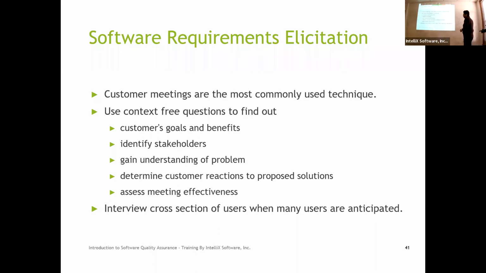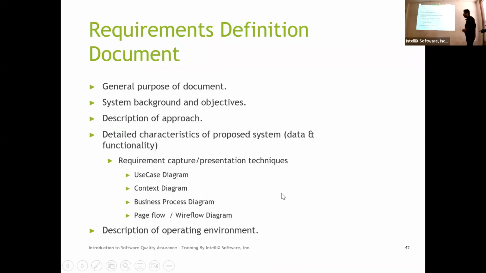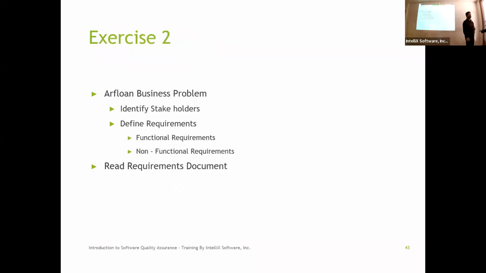So last week we kind of stopped at the software requirement. As homework, you had an opportunity to review the requirements document. As you went through it, it covered a whole bunch of sections, starting from the background of why the system is being built and what problem it's trying to solve, to specific detailed characteristics of the functional and non-functional requirements, and the expected operating environment for that system.